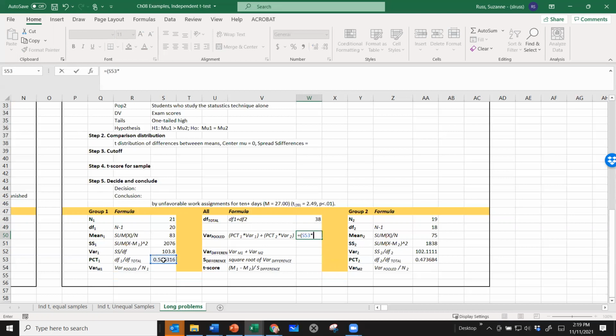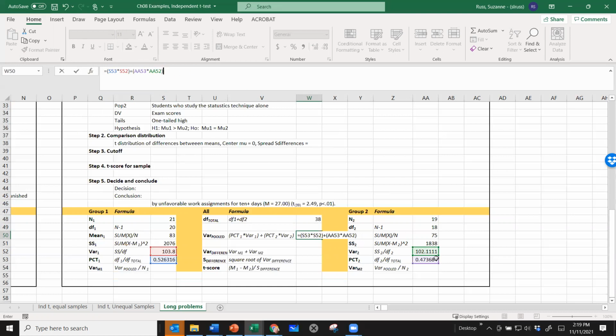I'll use the asterisk for times, and I'll click in the variance for 1 and put an ending parenthesis. So far, so good. Let's now put our plus sign and another parenthesis, and we'll take the percent for group 2 and multiply it times the variance for group 2, put our closing parenthesis.